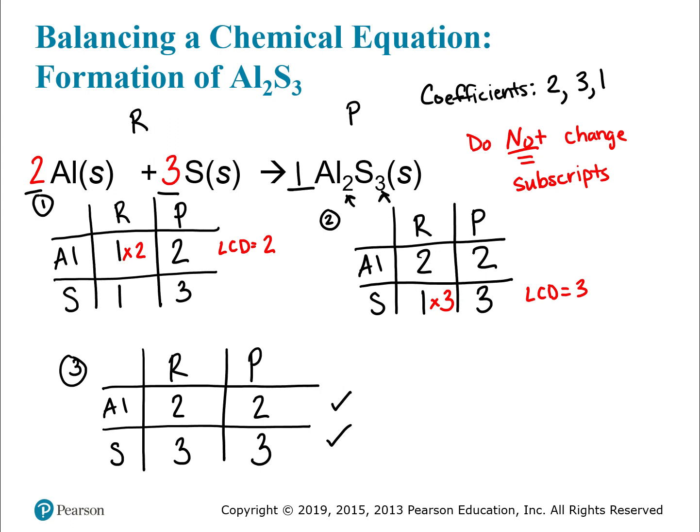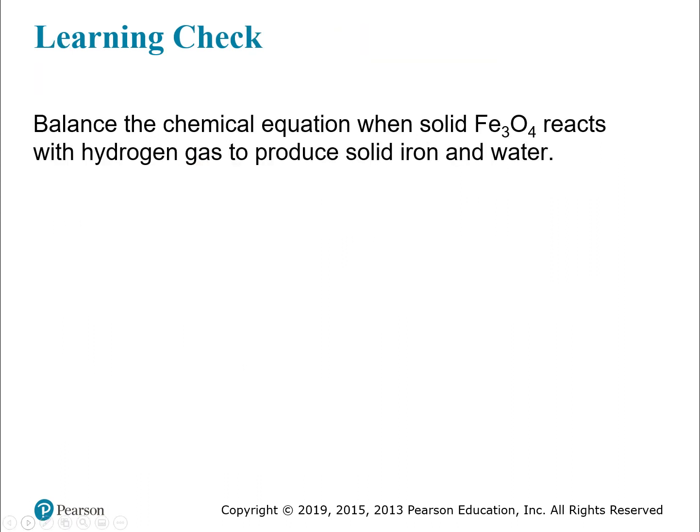That would change the compound itself. That's not what we do. We add coefficients, which are the numbers in front. It may be tempting to change all the numbers. Don't. Only change the coefficient, which is the number in the very front of the compound.